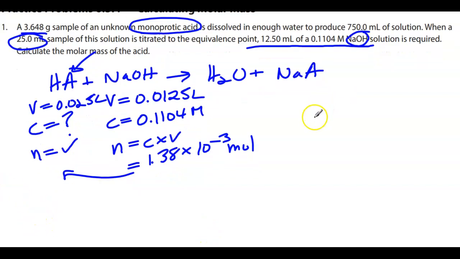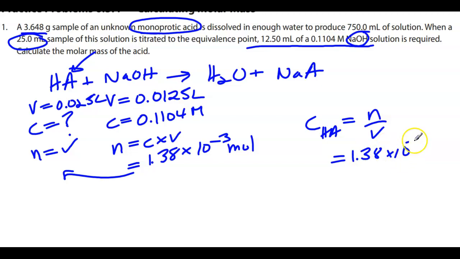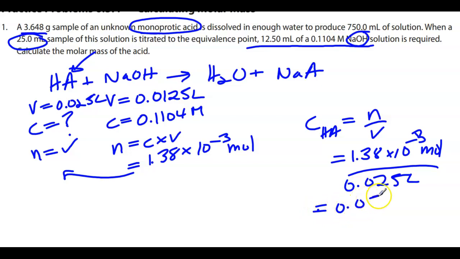And then we're going to find the concentration of the HA by doing n over V. So this is going to be 1.38 times 10 to the negative 3 moles over 0.025 liters. So this concentration here is 0.0552 moles per liter.